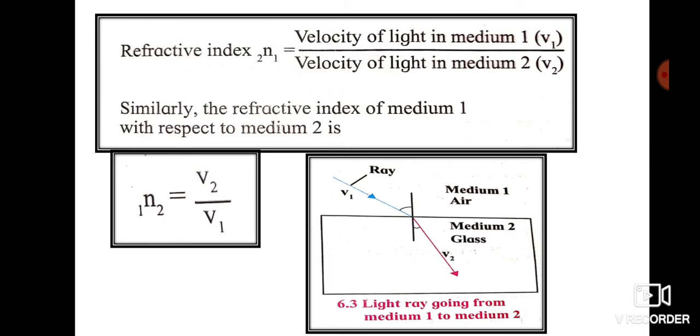That means, again I repeat, the refractive index of the second medium with respect to the first one is v1 upon v2. Similarly, the refractive index of medium 1 with respect to medium 2, that is mu, is given to be v2 upon v1. So here we are talking about refractive index with respect to the velocity of light.